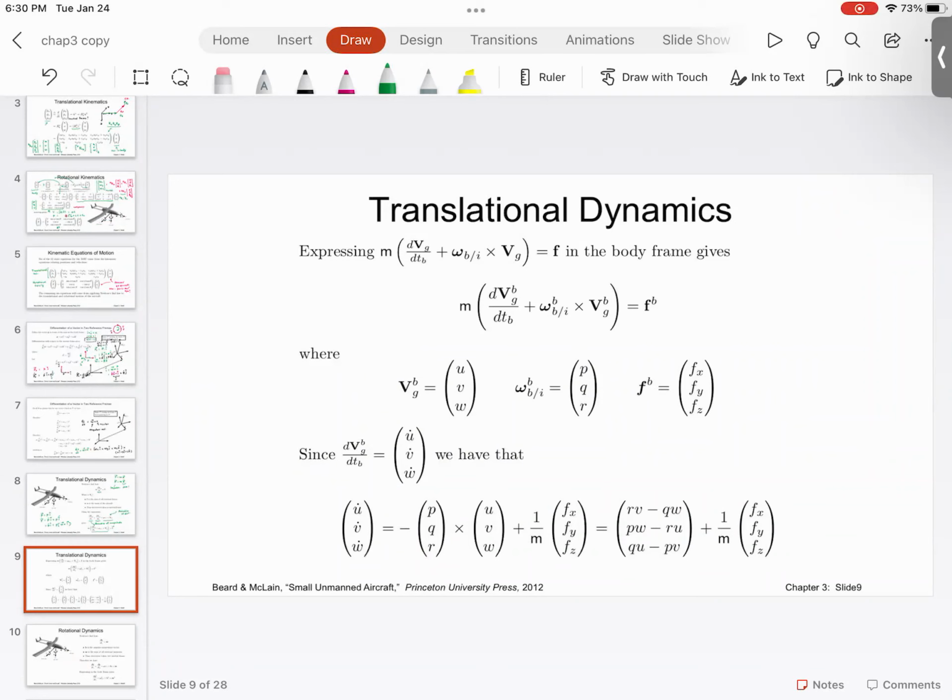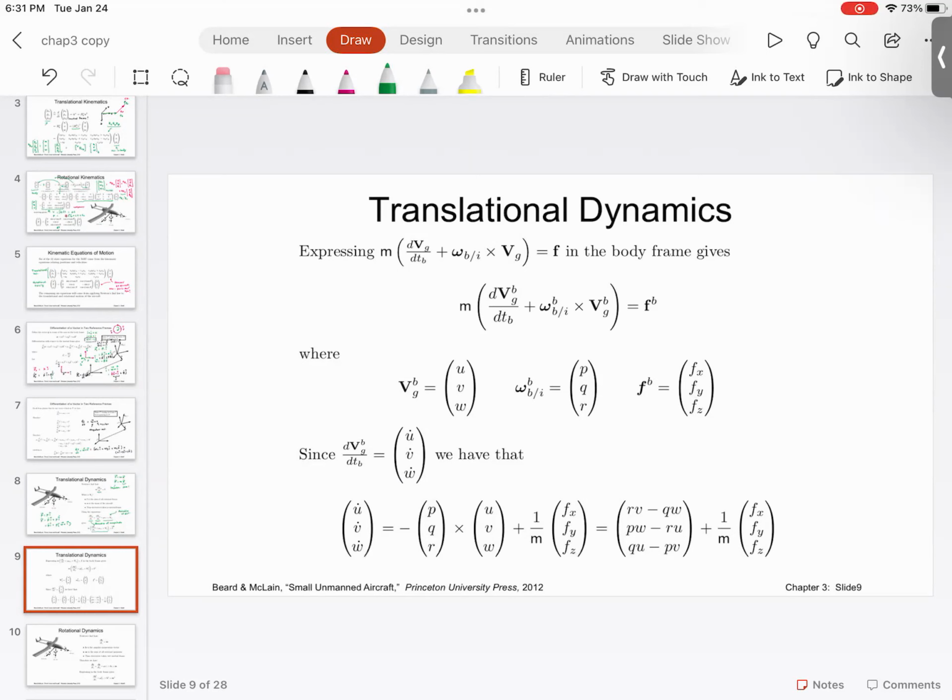So this is again the same as the previous one, but the next part I want to show you is how to express this expression, which is mass times the rate of change of velocity equal to force, in the body frame. These are the forces, angular velocities, and the velocities in the body frame, and I'll explain this again step by step.